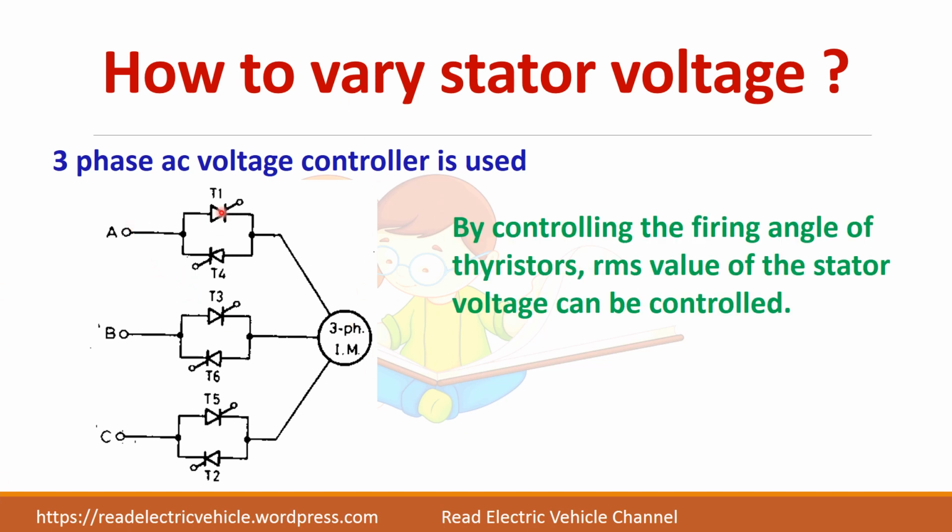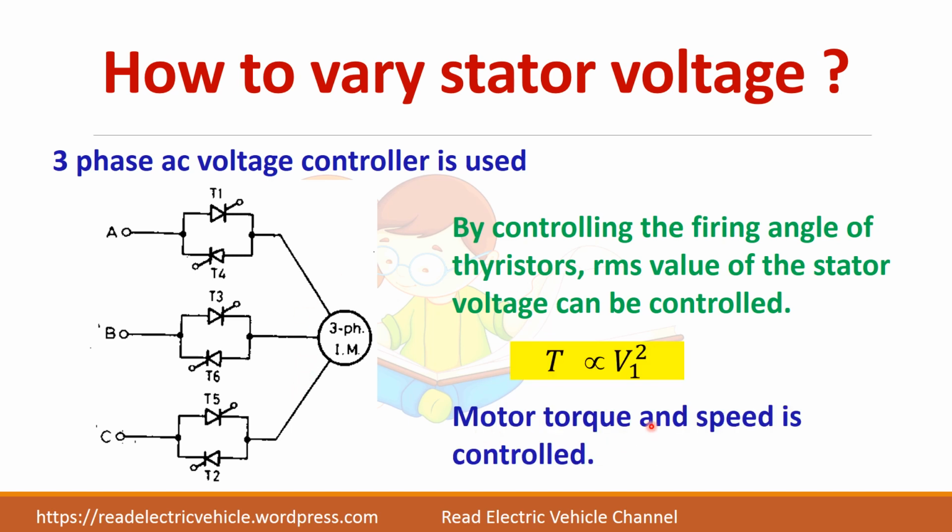So here by varying the firing angle of the thyristor, the RMS value of the stator voltage is controlled. So the motor torque, which is directly proportional to the square of the voltage, will be controlled, and thereby you can control the speed of the induction motor.